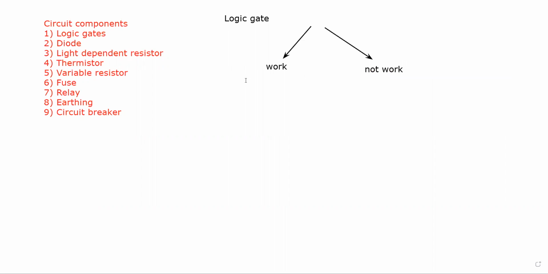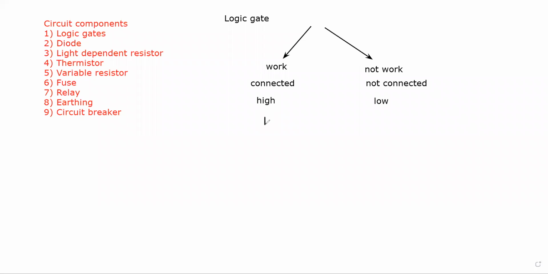If it is working, we can use the term connected. If it is not working, we can use the term not connected. Or we can also say the logic is high when it is working, and the logic is low when it is not working.